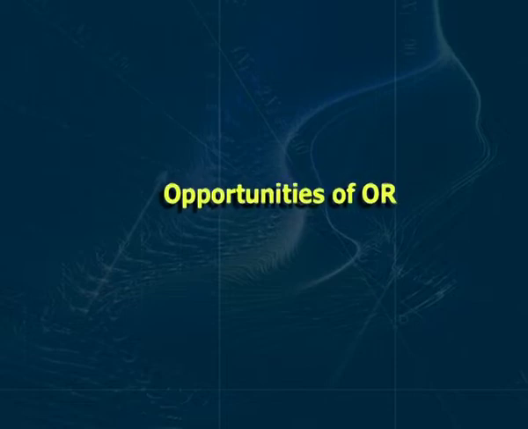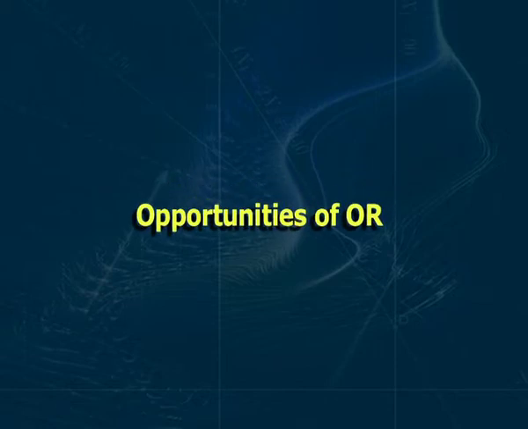Let us see number 2, opportunities of OR. 1. The decision maker can get a solution to his problem with the help of models of OR. Number 2. A manager can determine the best decision for the organization as a whole by considering all necessary variables associated with the decision using the OR approach.